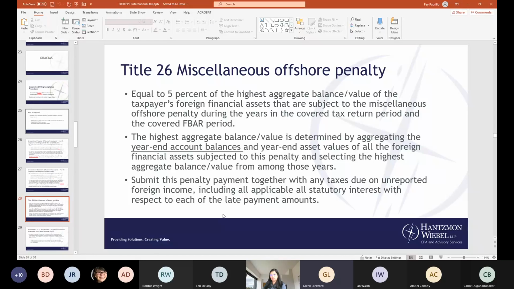But some of them have exceptions, except for pension income or except for certain types of income.